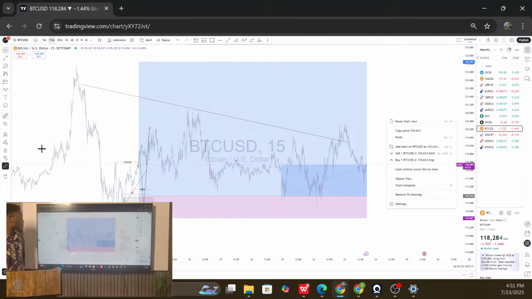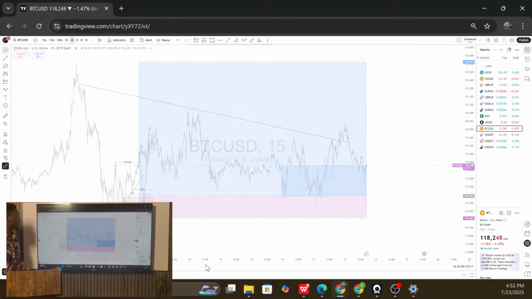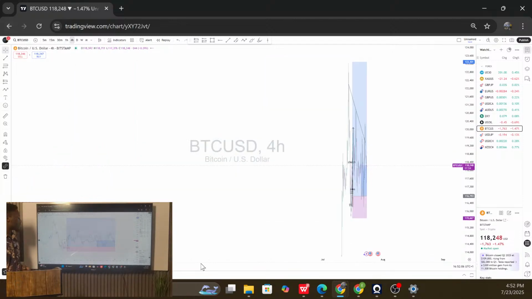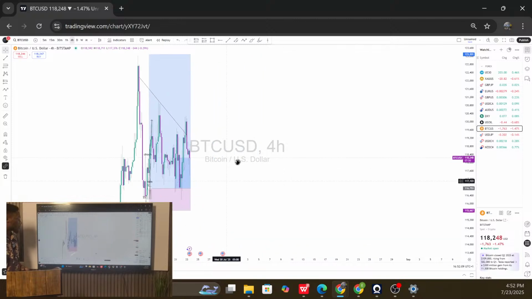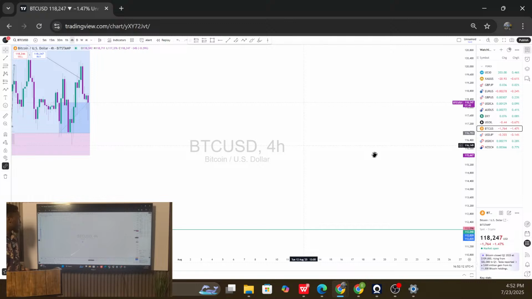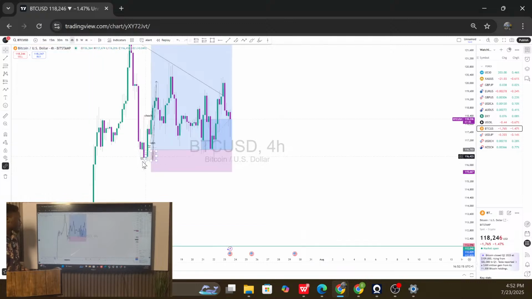So we see such movements happening. Why did this thing move so fast? Because on higher time frame, it had already given us some level of liquidity sweep, and in that case, it may not want to come back to that zone properly anymore, right? You may not see it properly come back to that place. So this is the level of liquidity sweep down here.